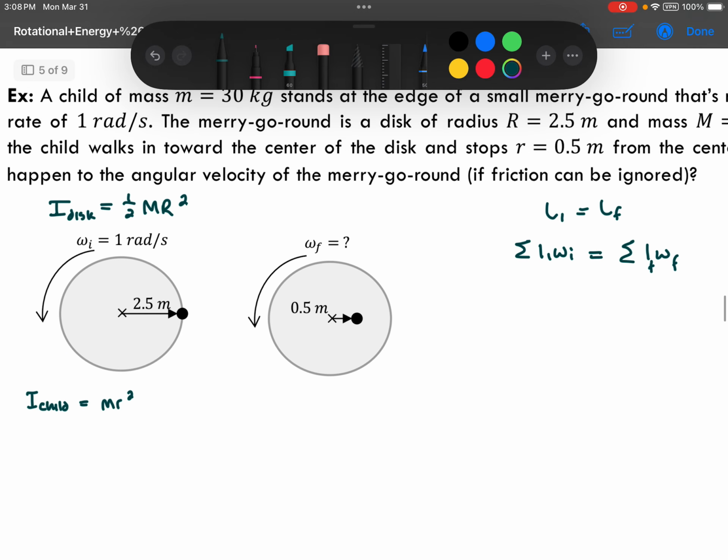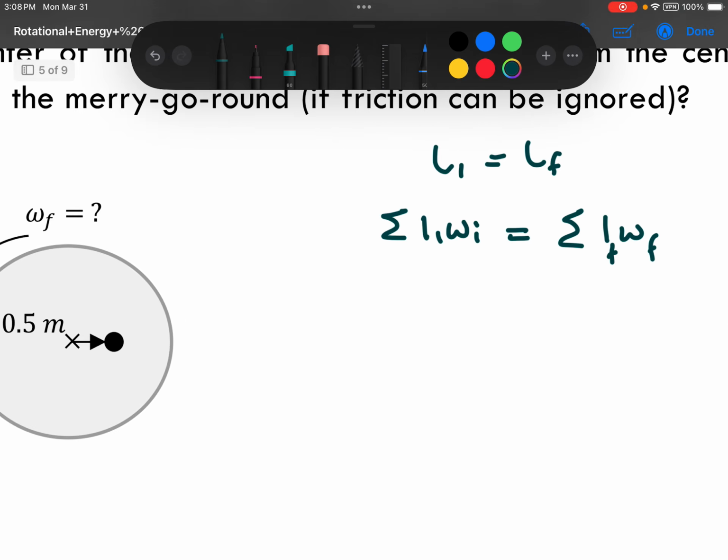And so we can start filling out what's happening when the child is at the full radius of the merry-go-round. Over here, initially, we have the rotational inertia times the angular velocity of the disk, plus I omega for the child.